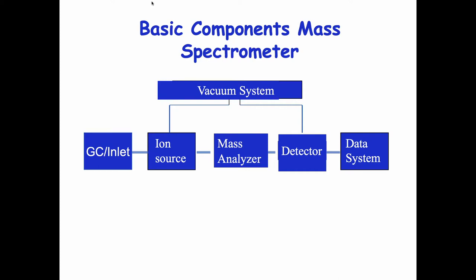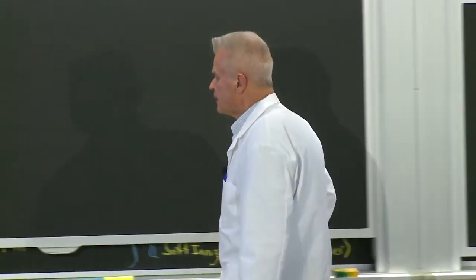And the vacuum is great because it allows the ion to have a mean free path from the ion source to the detector without any bimolecular collisions. So the ions are generated here, and then they go into the mass analyzer, and they're sorted by their mass-to-charge ratios. And then they're counted at the detector. And out comes a spectrum.